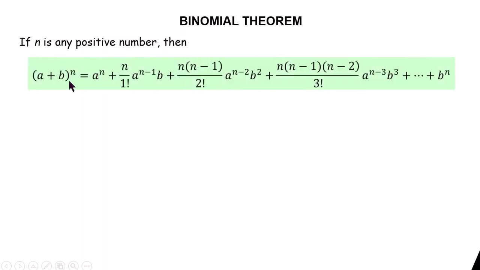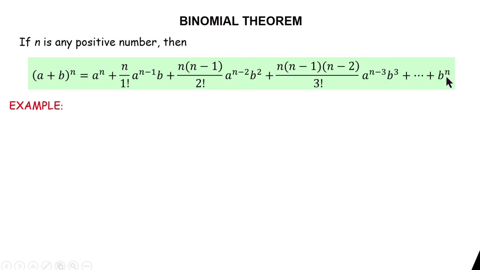This theorem states that if n is any positive integer, then a plus b raised to n is equal to this expression. a raised to n plus n over 1 factorial times a raised to n minus 1 times b plus n times n minus 1 over 2 factorial times a raised to n minus 2 times b squared plus n times n minus 1 times n minus 2 over 3 factorial times a raised to n minus 3 times b raised to 3 plus and so on plus b raised to n.